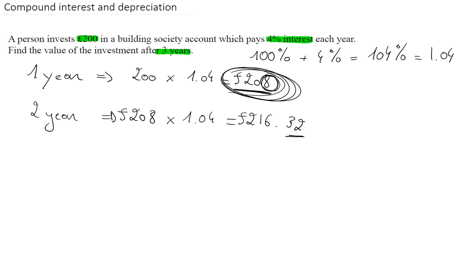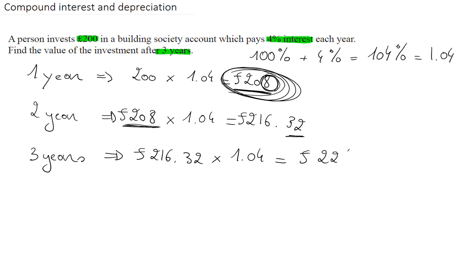You're going to reinvest that the next year, and you're going to get interest from that as well. So the question now is, after my third year, you have 216.32 pounds, and again you're going to increase it by 4%. In the end, you get 224.97.